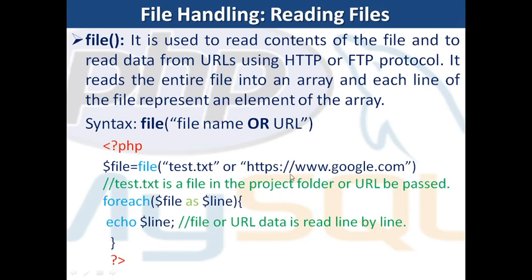The contents are an array, so we can loop through the elements with foreach, and each line is an element. So foreach $file as $line, echo $line. First we will check the local file, and then the URL.